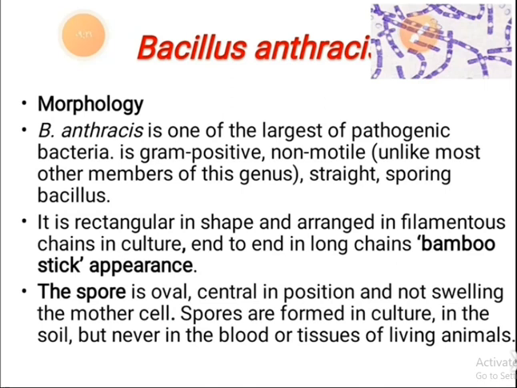In both cases, the spore does not swell the mother cell, while in genus Clostridium the spore is bulging, swelling the mother cell. The spores are formed in culture and in the soil, but never in the blood or tissue of living animals. When we isolate the microorganism from tissue, it does not form spores, only in the environment or in culture.